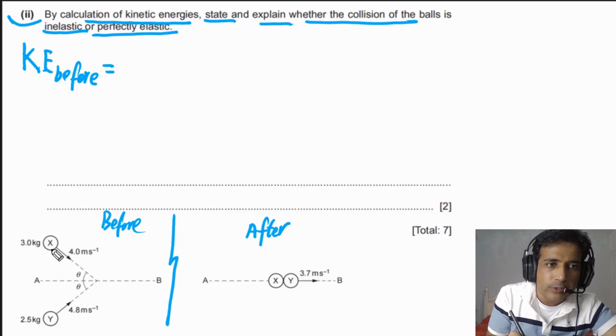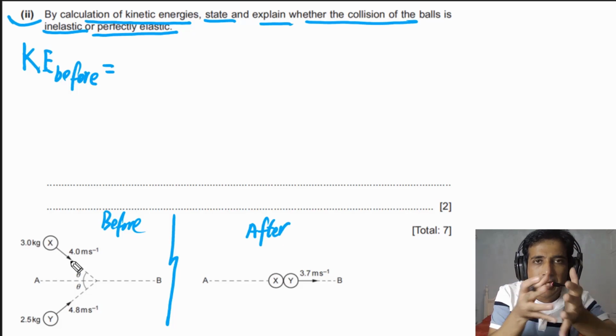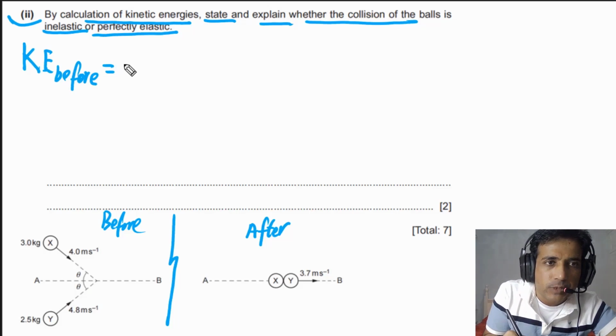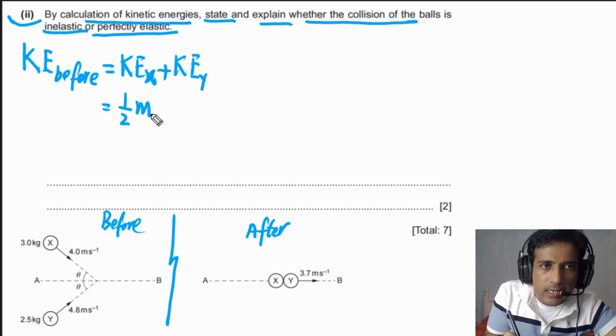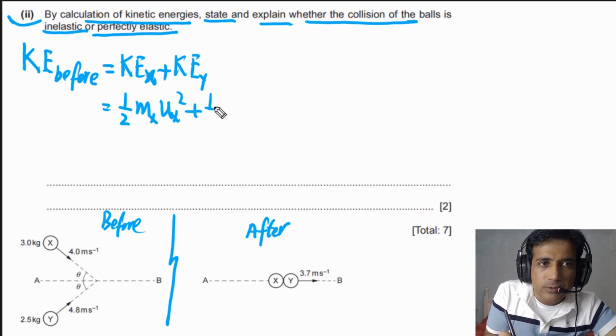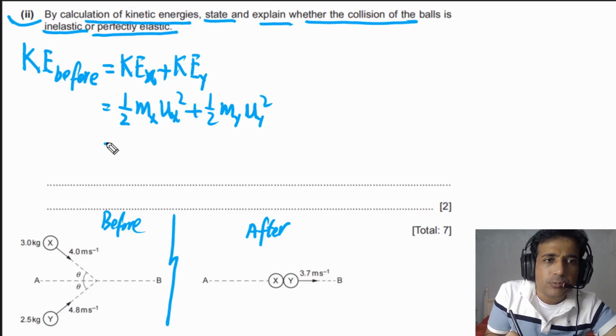Before, we have two balls x and y, and they have separate speeds. So we calculate the kinetic energy of x plus the kinetic energy of y. Kinetic energy of x is 1/2 mx ux squared, plus the kinetic energy of y, which is 1/2 my uy squared. Now we plug in values.